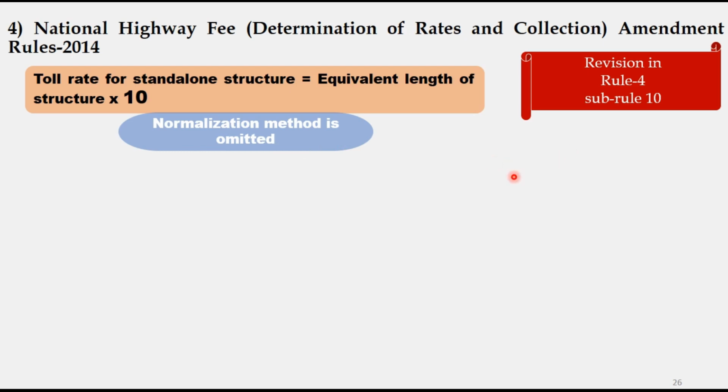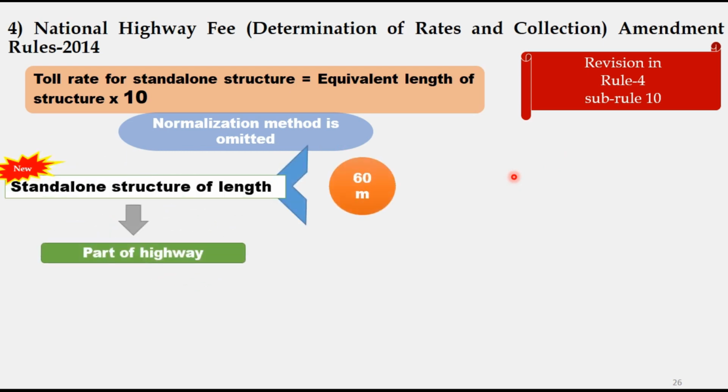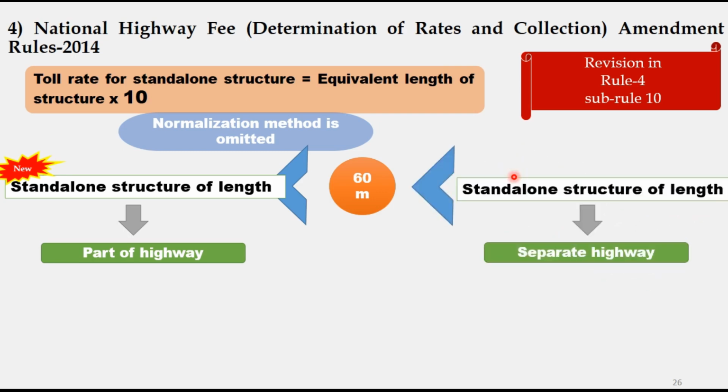So that is omitted, and a new rule is added that a standalone structure of length less than 60 meter is considered as part of highway, while a standalone structure having length more than 60 meter is considered as a separate entity for calculation of toll rate.